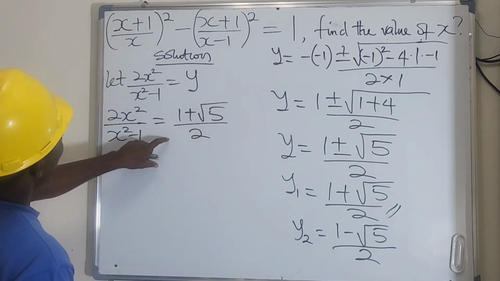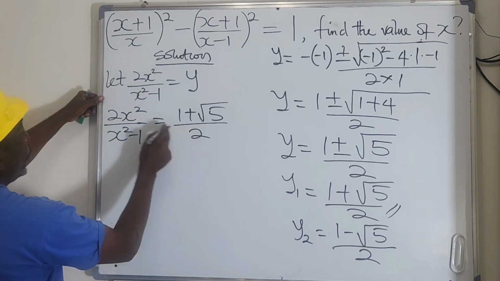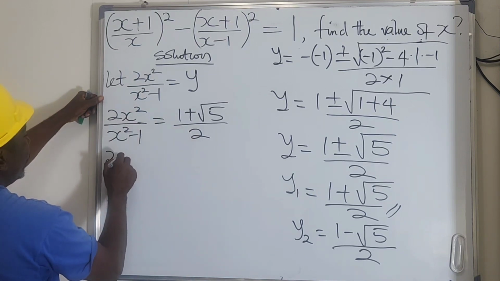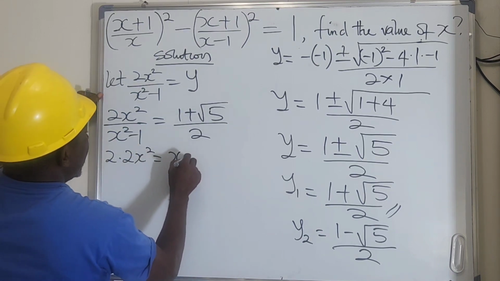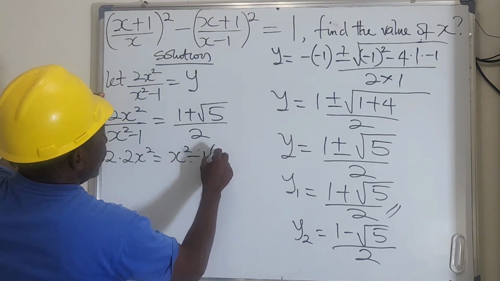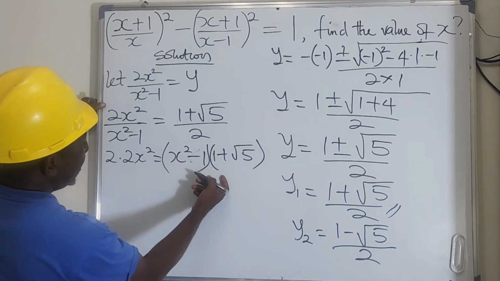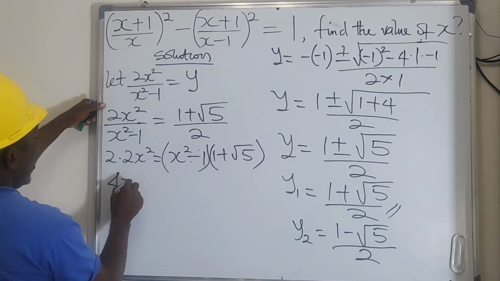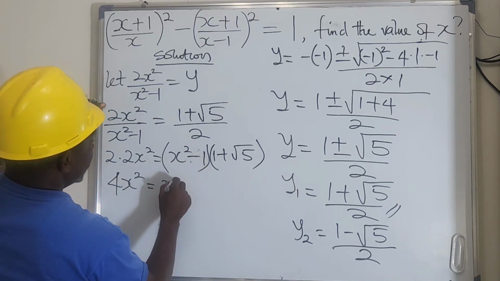So here, we are going to cross multiply. By cross multiplying, we have 2 times 2x squared equals x squared minus 1 into 1 plus root 5. So this is what we have. Expanding this will become 4x squared equals x squared times 1 is x squared.